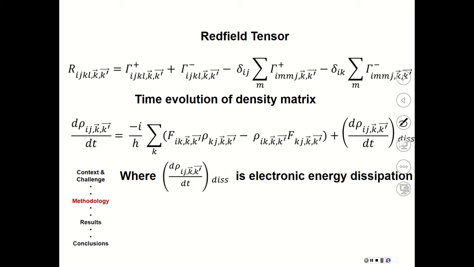And then using those rates of transitions, we can get the Redfield tensors, and from the Redfield tensors, the time evolution of the density matrix. Something is missing, I don't see it.